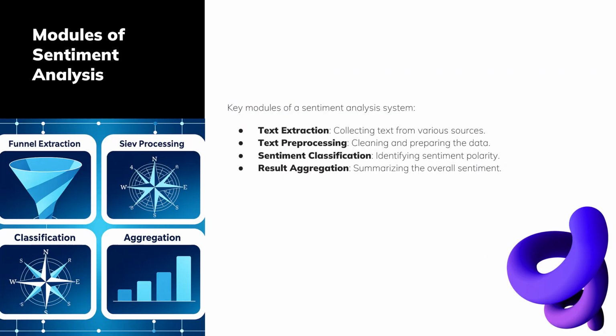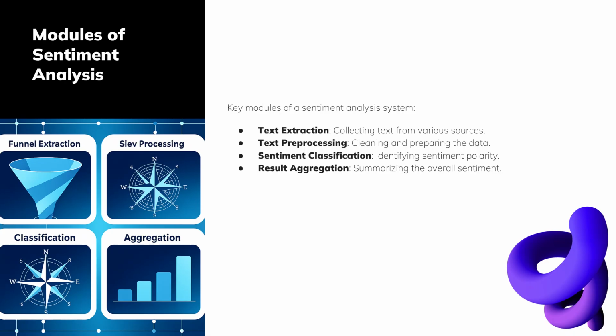So coming to the modules of sentiment analysis. A typical sentiment analysis system has four key modules. The first is text extraction, which gathers data from websites or social media. The second is pre-processing, where the text is cleaned and standardized.